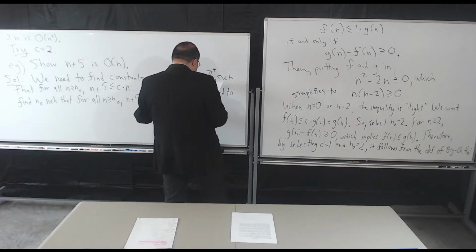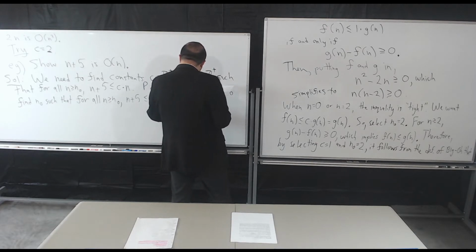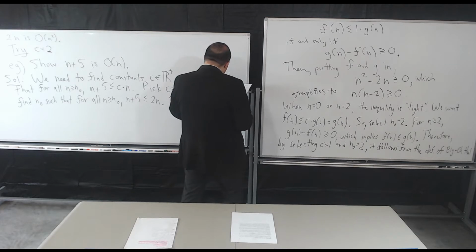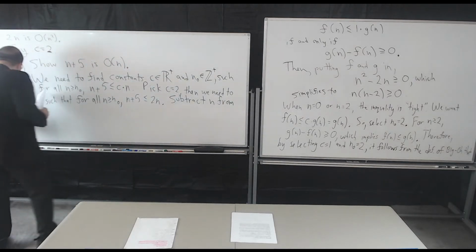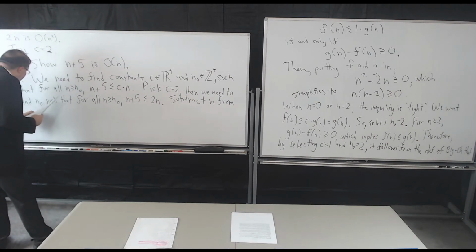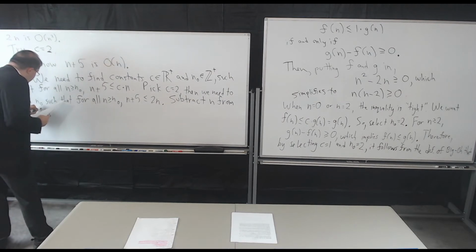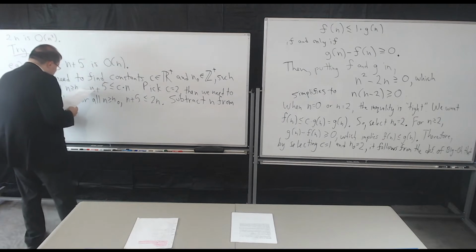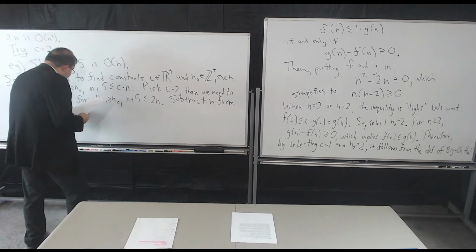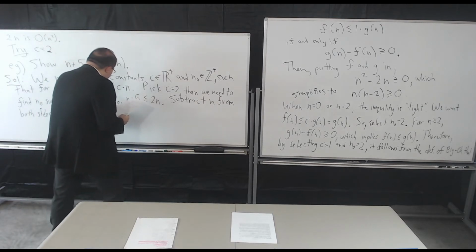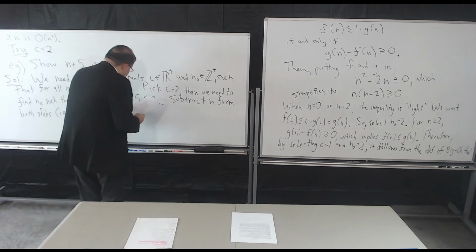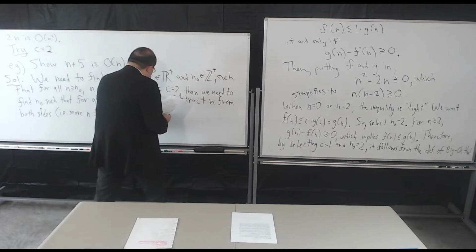If I have this in play, what I'm going to do is subtract n from both sides, i.e. move n from the left-hand side to the right-hand side.